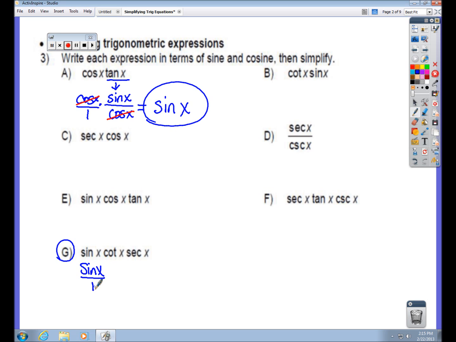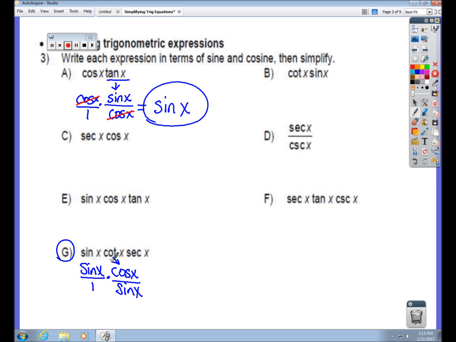Now you have 2 different identities for cotangent. One is 1 over tangent, but we want things in terms of sine and cosine. So if you will look at your quotient identities for cotangent, cotangent is equal to cosine over sine. So we're going to replace cotangent with cosine over sine.